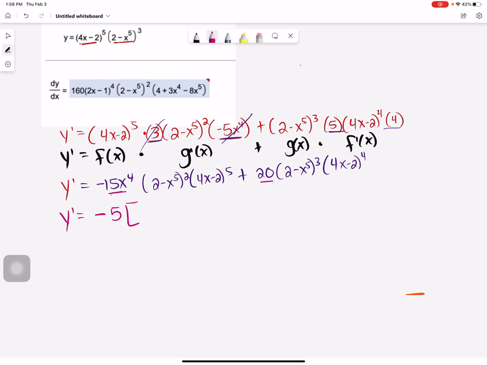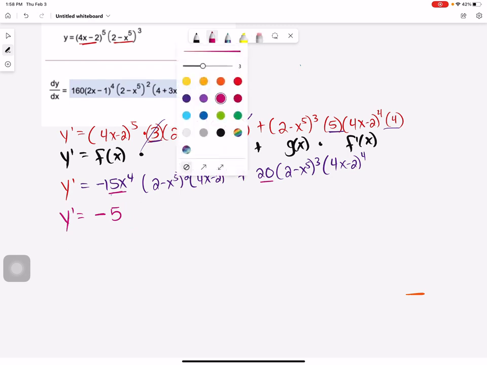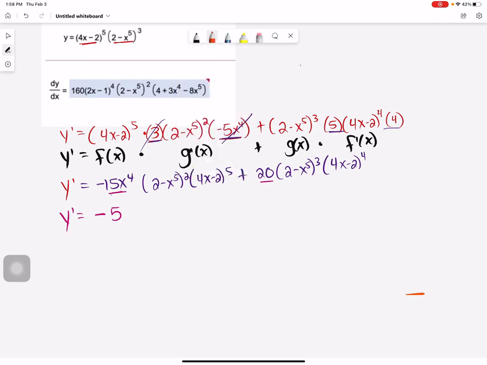All right, so now I'm not finished. But I also want to look at, if I change my colors, what I notice is that both of my expressions have at least 2 of the 2x minus 5. So I'm going to take out 2 of those.